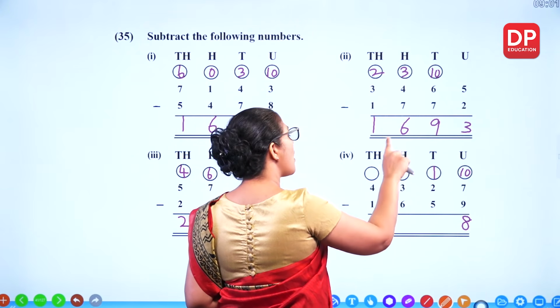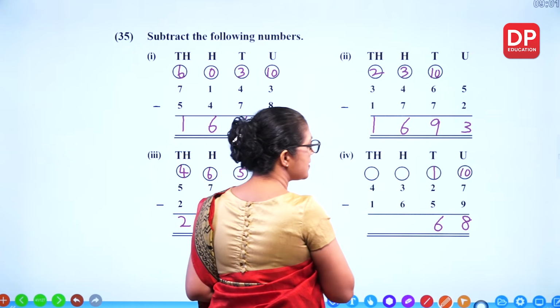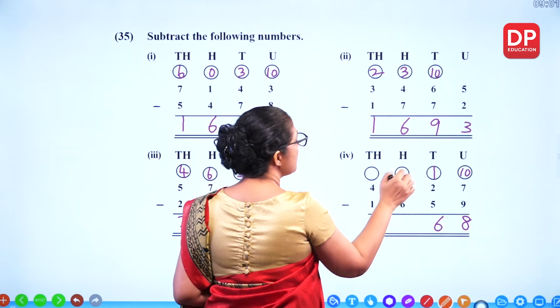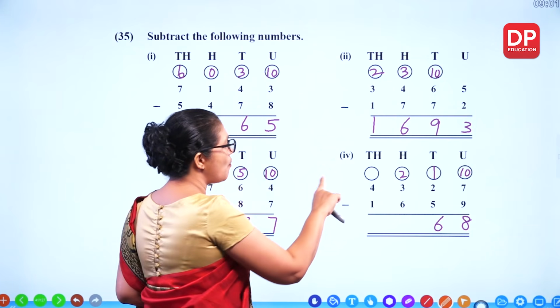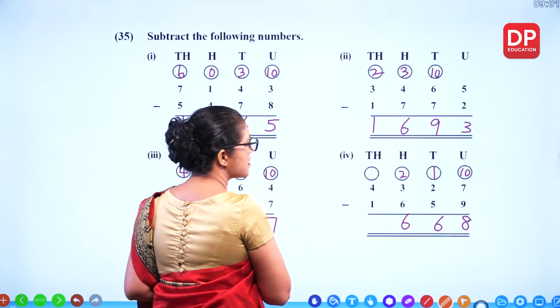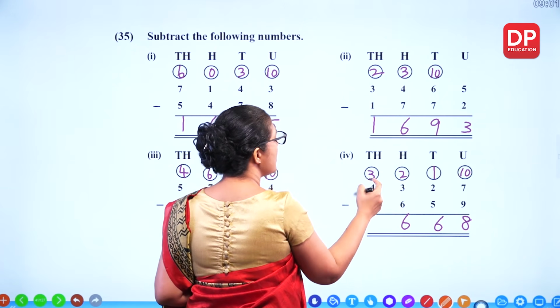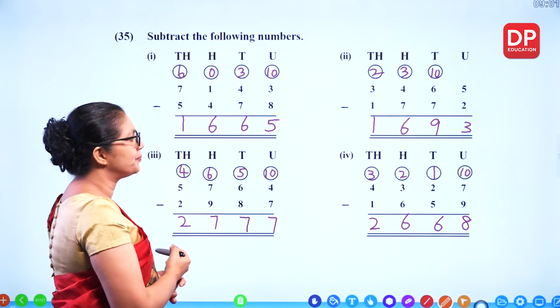You can't. So take 1 from here. So 11 minus 5, that's 6. This becomes 2 now. Still you can't subtract. So you need 1 from here. 12 minus 6, you get 6. Now this becomes 3. 3 minus 1, that's 2.